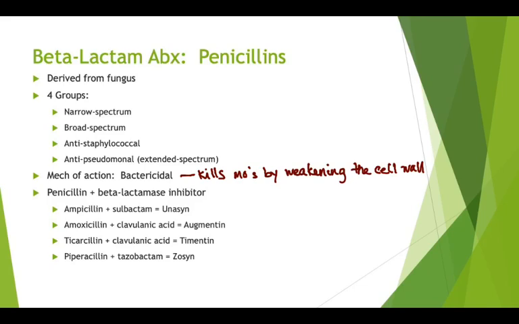And the ones that you will see a lot in the med-surg floors, your piperacillin and your tazobactam, which is your Zosyn. So these are your 4 main combination of penicillin and your beta-lactamase inhibitors. These are the ones that you're going to see most of the time when you're in the hospital setting.